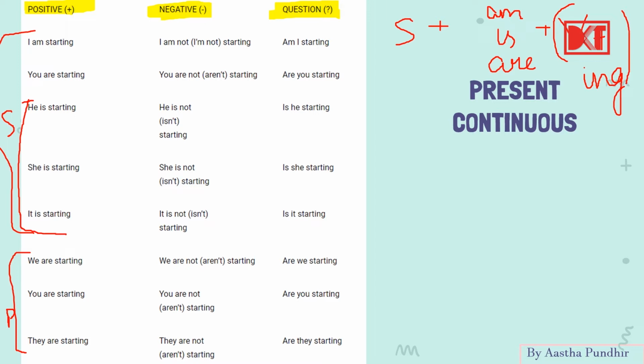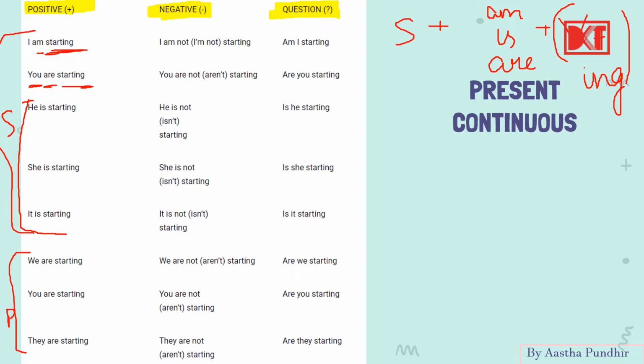Alright, so let's see. In the positive first person, we start with I, am, right? And then the verb is start plus ing. Am is used with I. Then for the second person, you, and what is used? Are. And the verb start plus ing. You are starting.